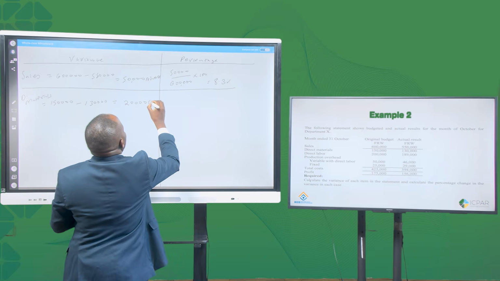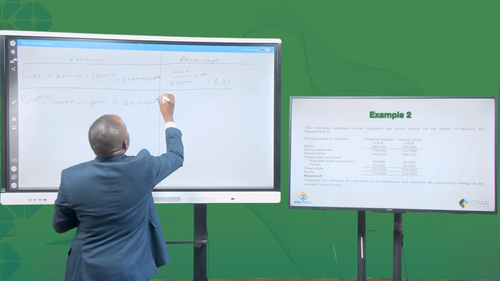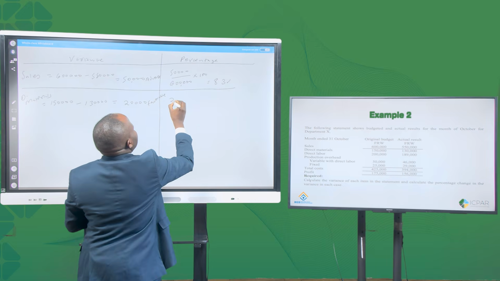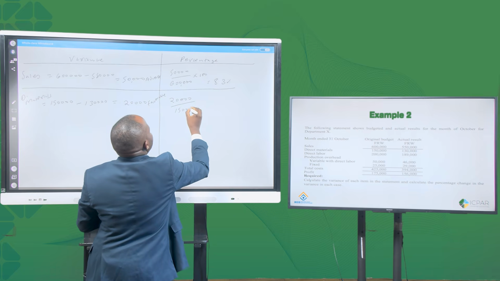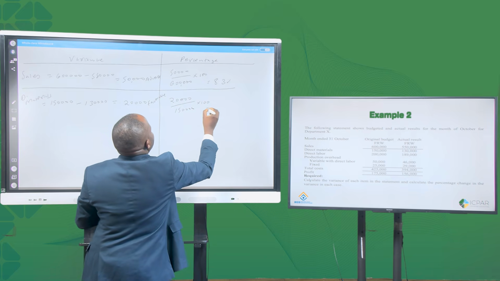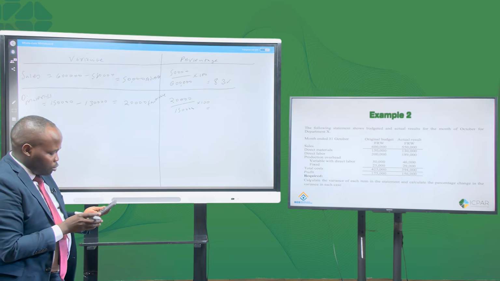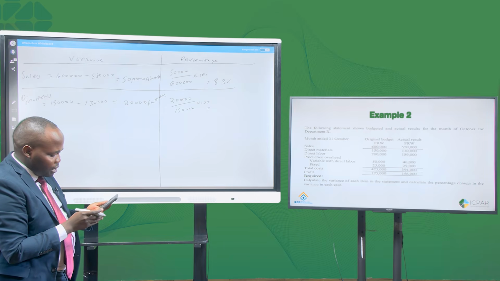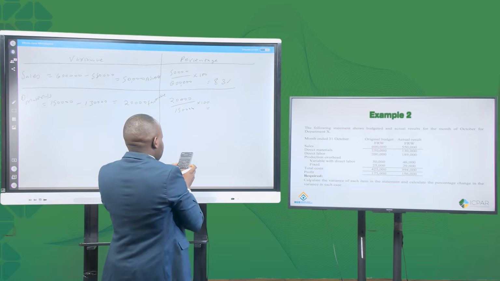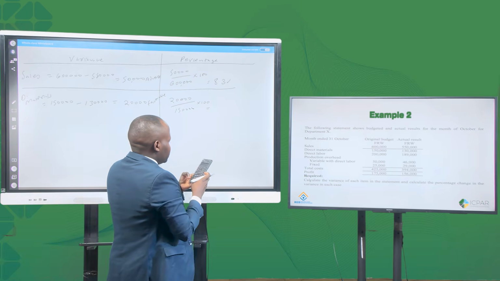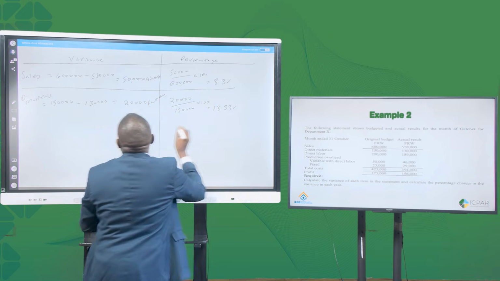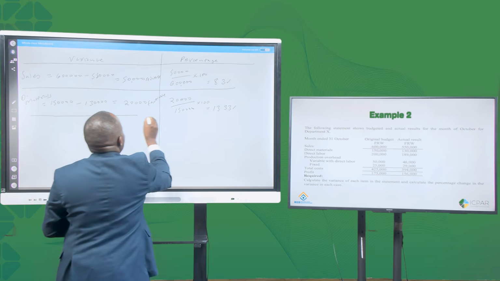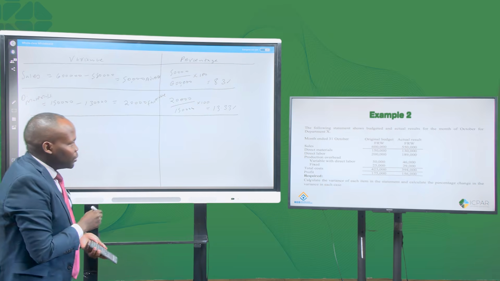We gained because we saved. Favorable. The percentage is 20,000 over 150,000 times 100. So we have 20,000 divided by 150,000 times 100. It gives you 13.33%. Maybe the last one, so that the others you are in a position to do yourselves.